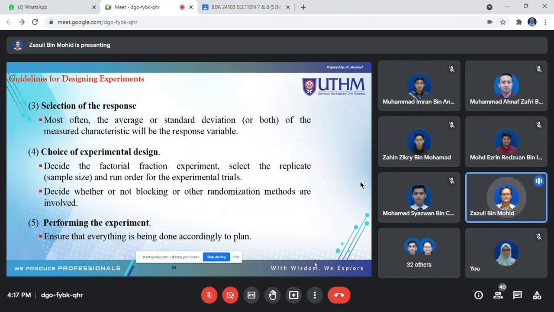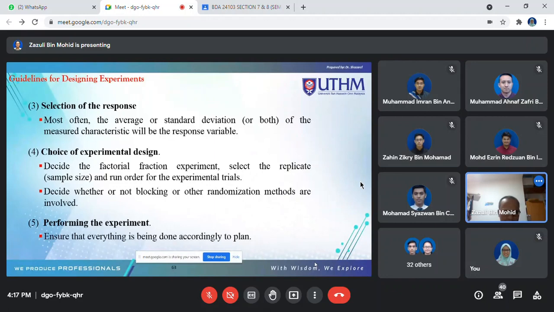So to get the standard deviation, we need to have some amount of data. We have to collect it, and the data could be from one, two, or more responses that we can get from several types of factors.